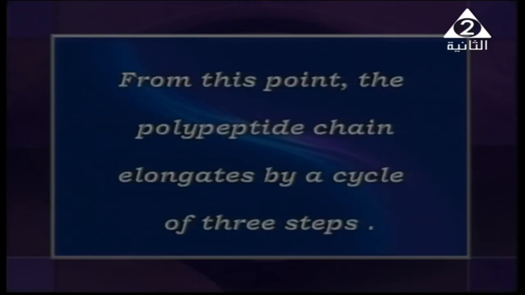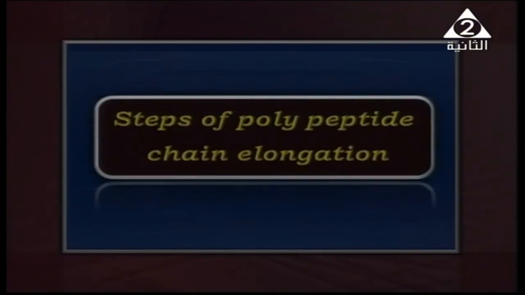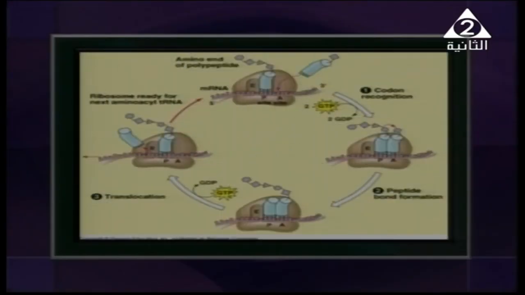From this point, the polypeptide chain elongates by a cycle of 3 steps. So, we are going to know the steps of polypeptide chain elongation. This structure illustrates the elongation of polypeptide chain. Number 1, codon recognition.